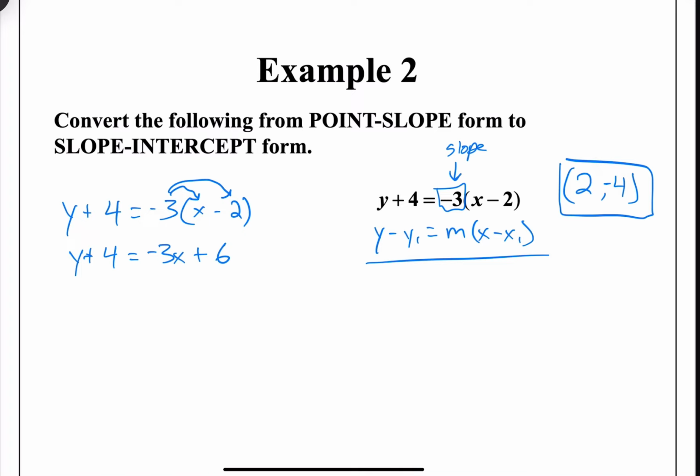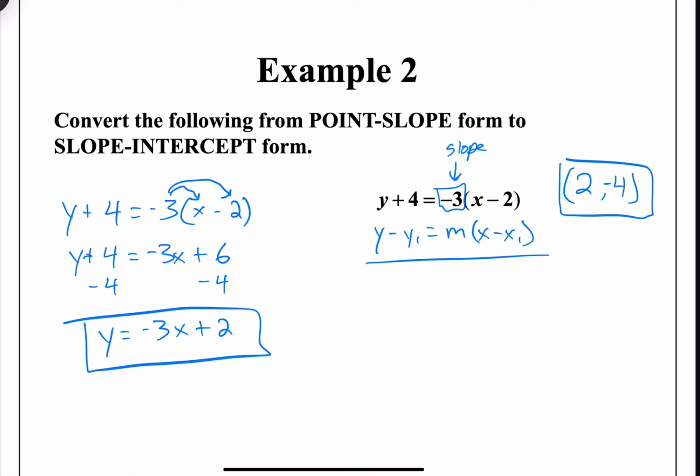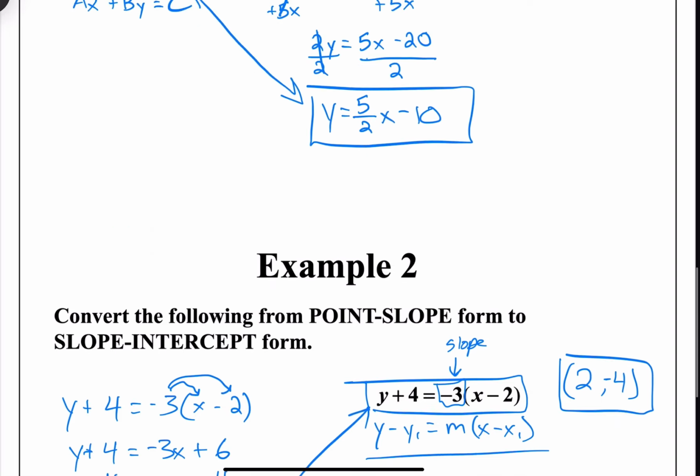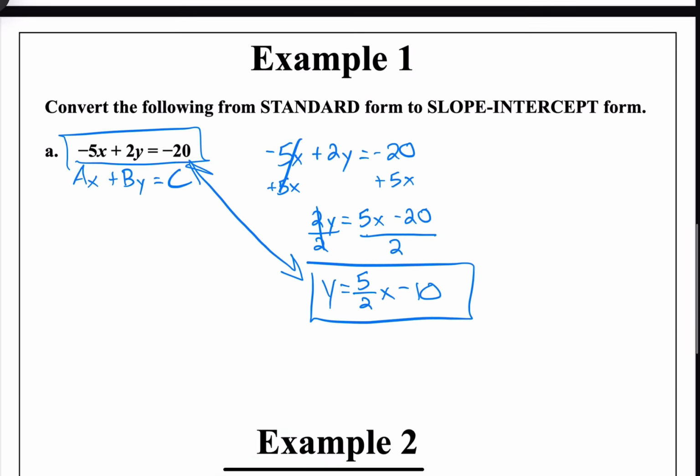I want to leave y on that side, so I'm going to subtract 4 from both sides, and I end up with y equals negative 3x plus 2, and that's it. That's my answer right there. So I converted this equation right here to that equation right there, and they are equal. And that's how you convert from point-slope form to slope-intercept form, or from standard form to slope-intercept form.